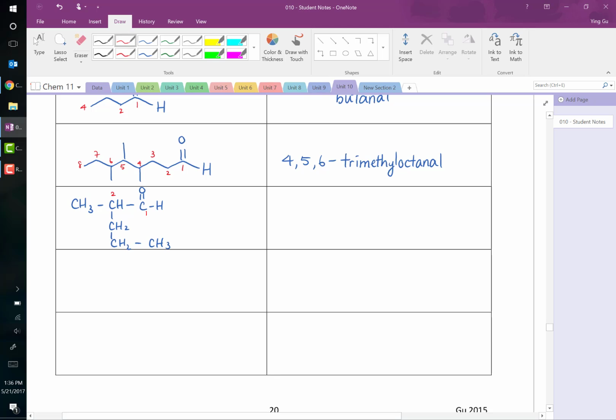And remember that the horizontal chain is not always the longest chain. In this case, we will go downwards and see that this is a 5-carbon chain structure. Okay, let's label the branch, and the branch is this one here, which is located on carbon number 2. So this is 2-methylpentanal.